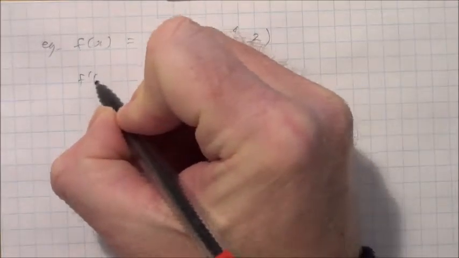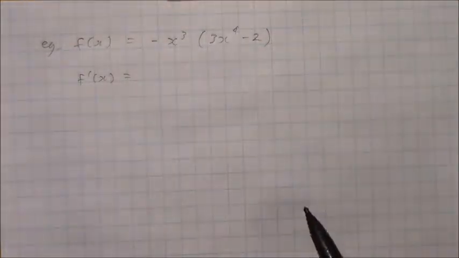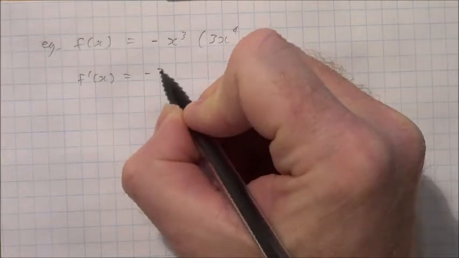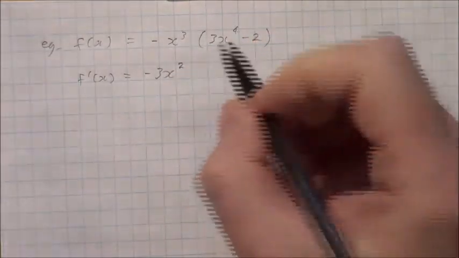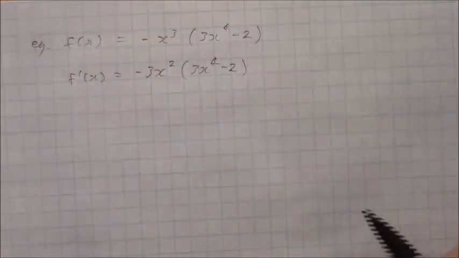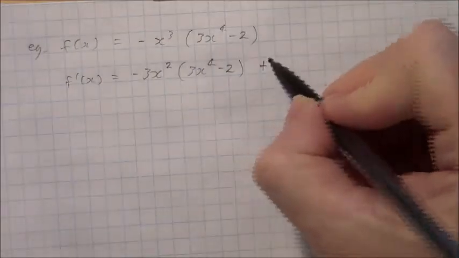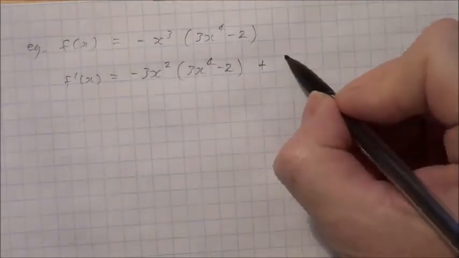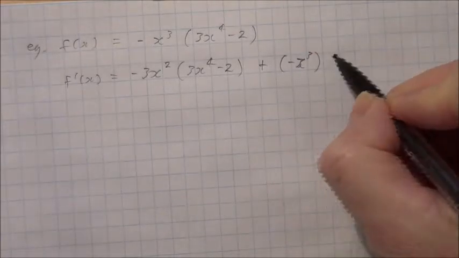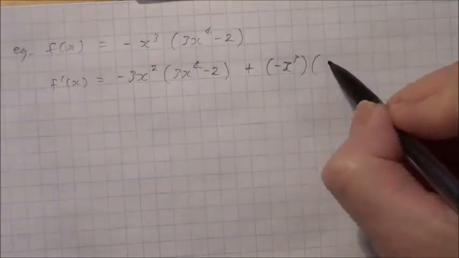So if we use the product rule, we get f prime of x. You take the derivative of the first, which is negative 3x squared, multiply by the second, we just leave that alone, and then we add the first multiplied by the derivative of the second.